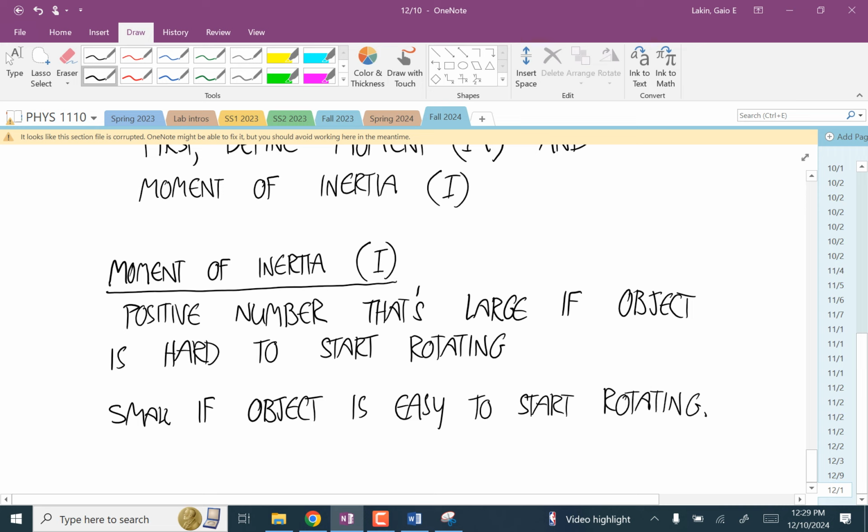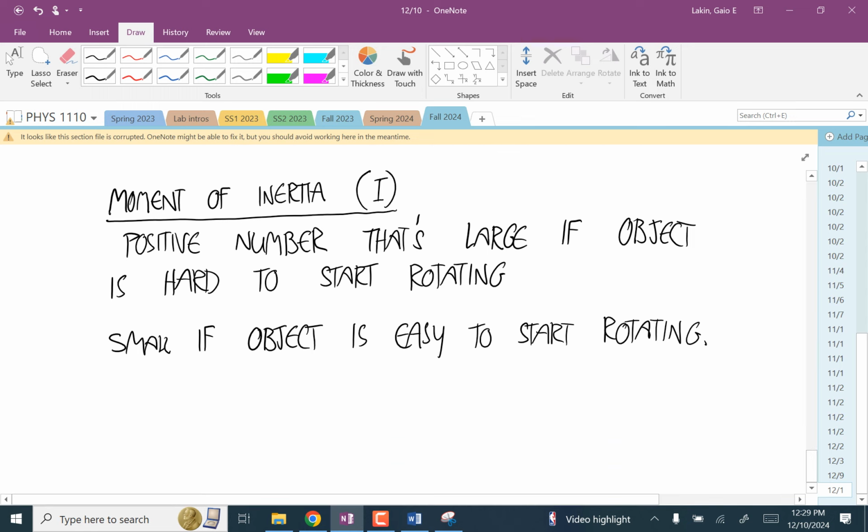Now we're not talking about friction or anything like that. We're always imagining this object in a frictionless environment, but still some objects are easier to start rotating than others. A marble, you can take it between your fingers and start it rotating. But even on frictionless ice, a semi-truck would be hard to get to start rotating. It's not the friction. It's the amount of mass and how the mass is distributed.